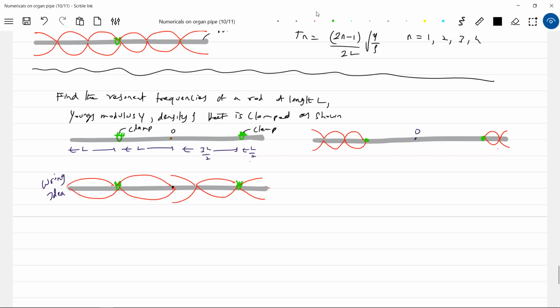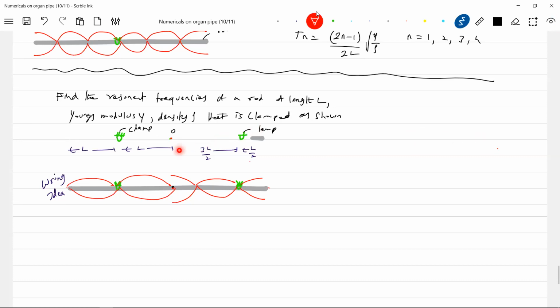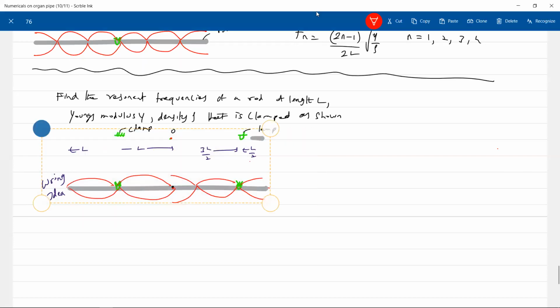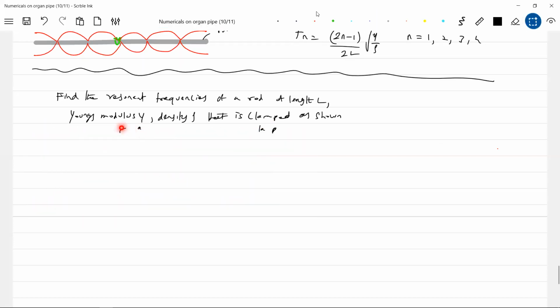I think I should choose the clamps at certain specific points. I'll change the situation. Not possible. Resonance is not possible. We'll change the clamp. The conditions are not possible.